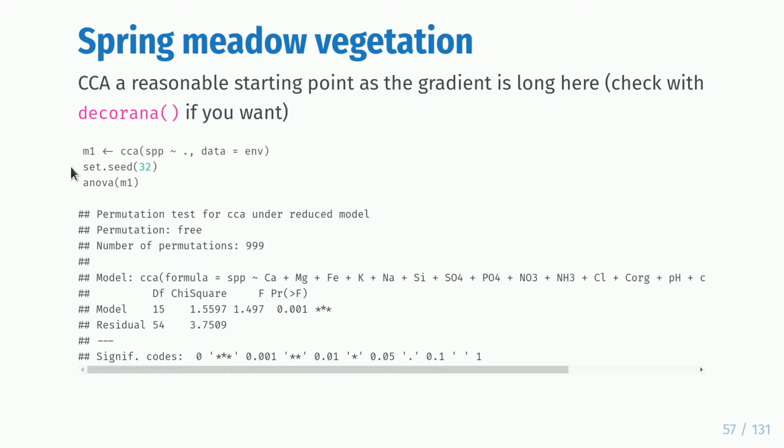Then I do a permutation test on this. I set my seed, that's the main thing, and then I test the significance of this model using the anova function. This tells us that somewhere amongst all those 15 explanatory variables there does seem to be something going on. So our task now is to try and decide if there's a smaller subset of those variables we can get away with using.